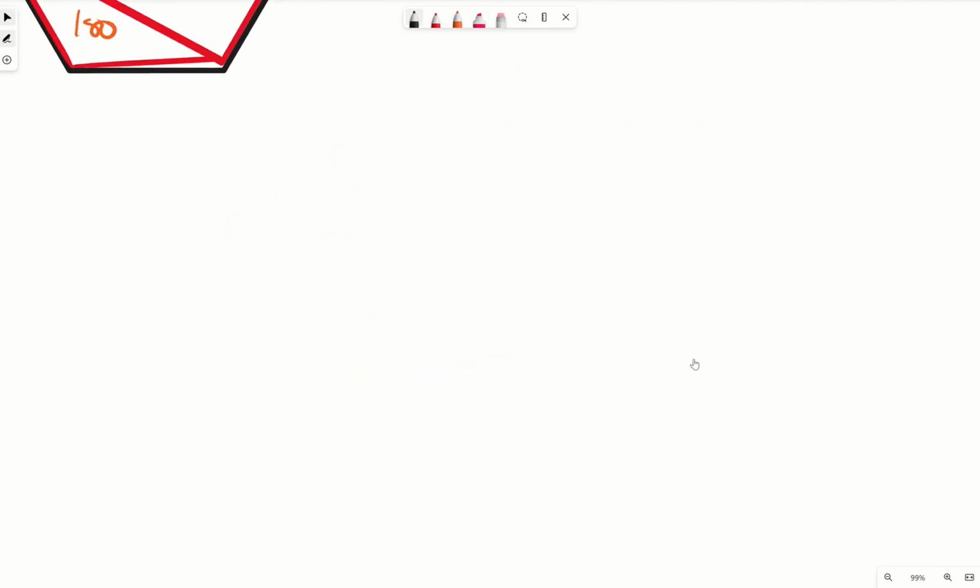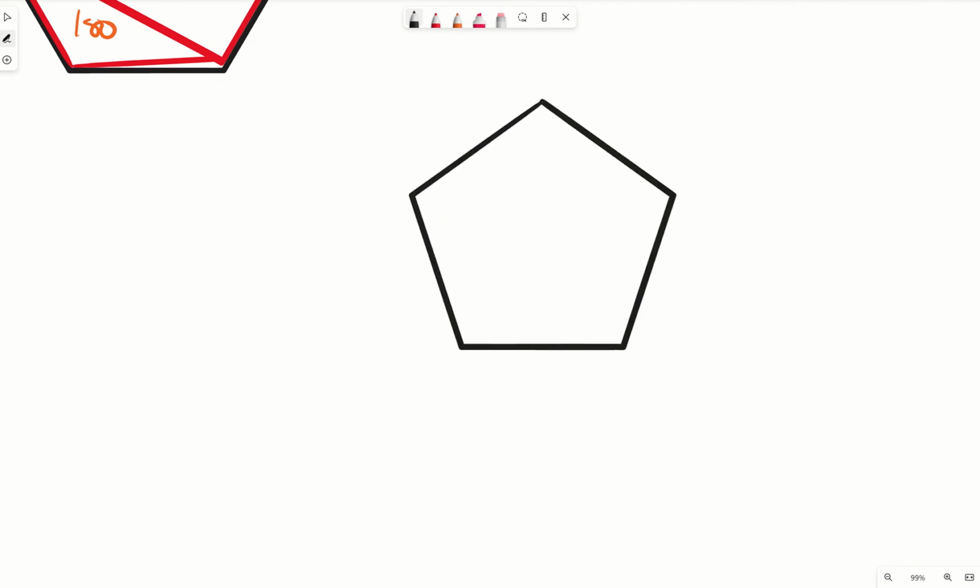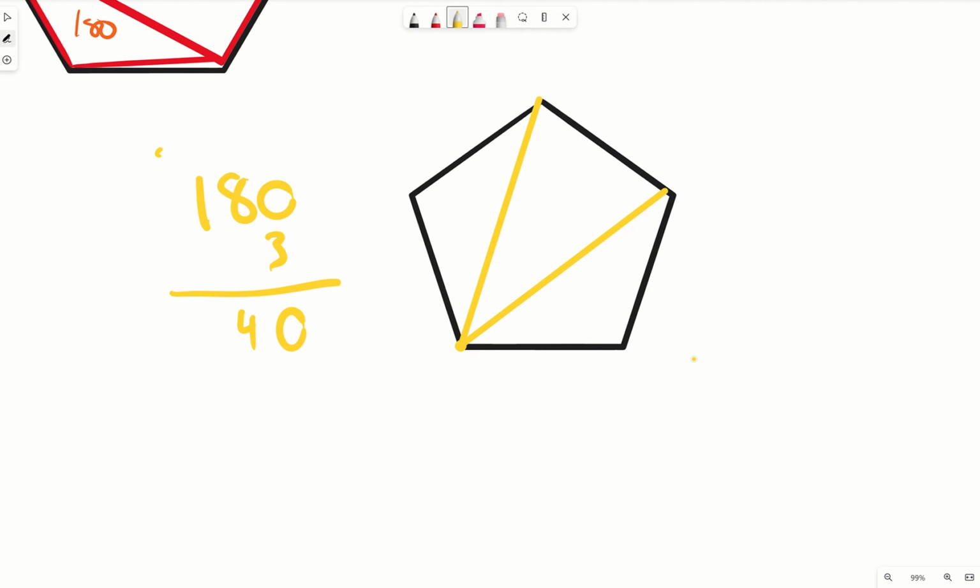Okay, well, what about a pentagon? Let's say I start in this corner here, and there's this diagonal, and there's a diagonal. This gives me 3 triangles of 180 degrees. 180 times 3 gives me 540 degrees.